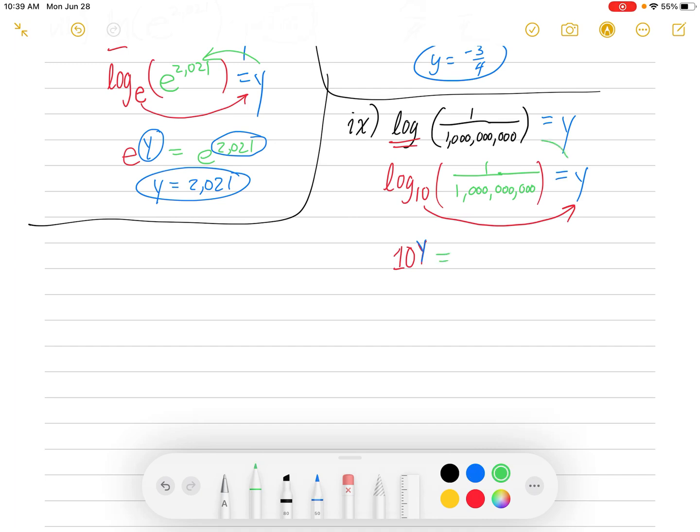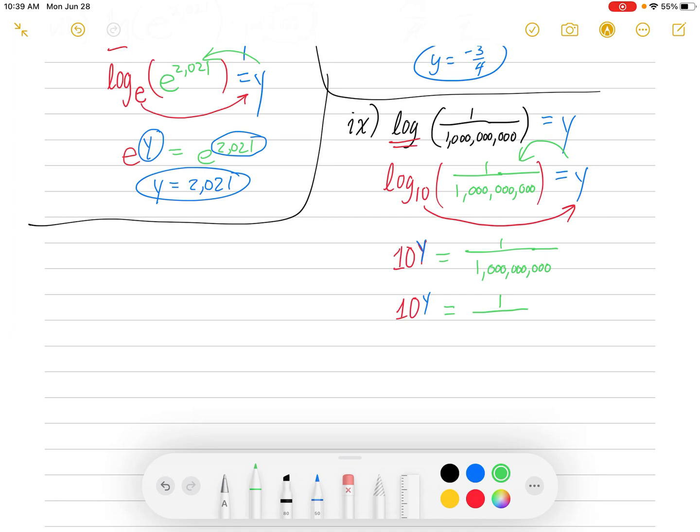All right, so now we're going to put it in exponential form. We're going to start with the 10 as the exponential base. 10 raised to the yth power equals 1 over a billion, 1 billionth. So we want these both in terms of a similar base.